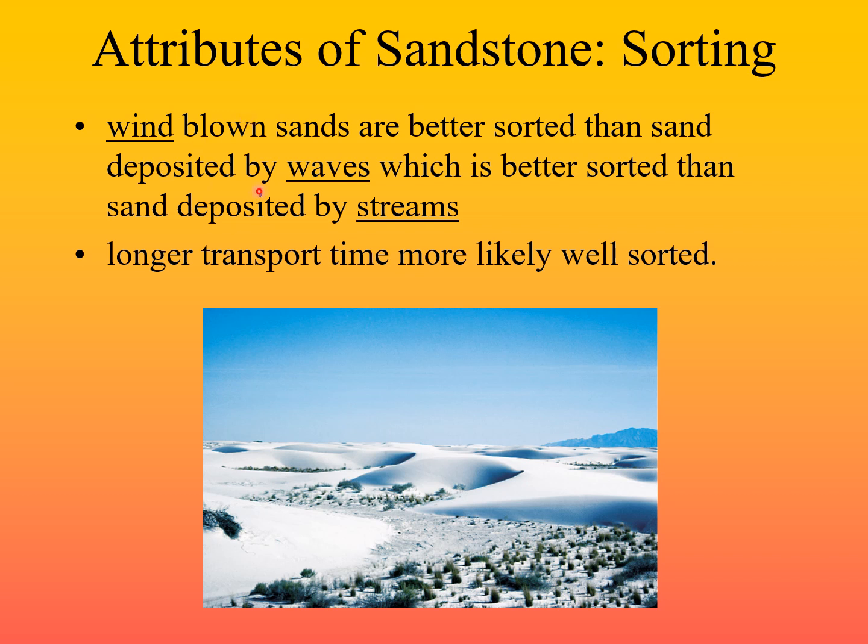And so if you see well-sorted windblown sands, that's because the wind is going to preferentially deposit much finer grained stuff because it doesn't have the energy to move larger stuff. So it leaves the larger stuff behind, starts to sort the medium stuff. That stuff deposits in one area, so it's mostly medium stuff in that area.